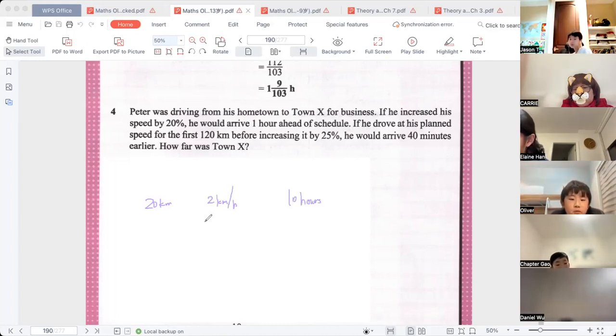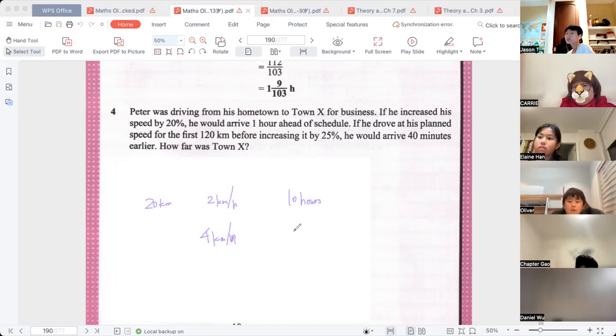But still 20 kilometers, and we're doing 4 kilometers per hour. So how much is the speed increasing? 100% increasing, right? So you can see it's 5 hours.